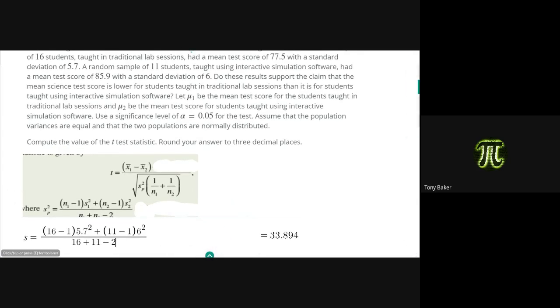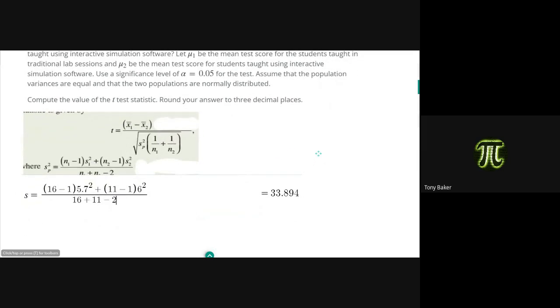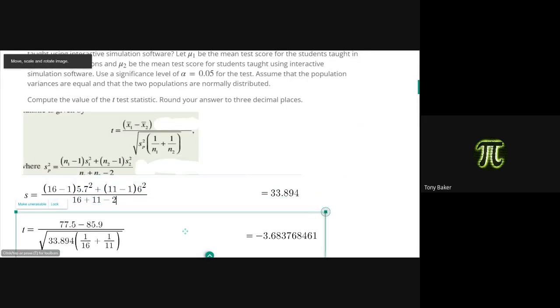There we go. 77.5 minus 85.9, over the square root. So there's your T.